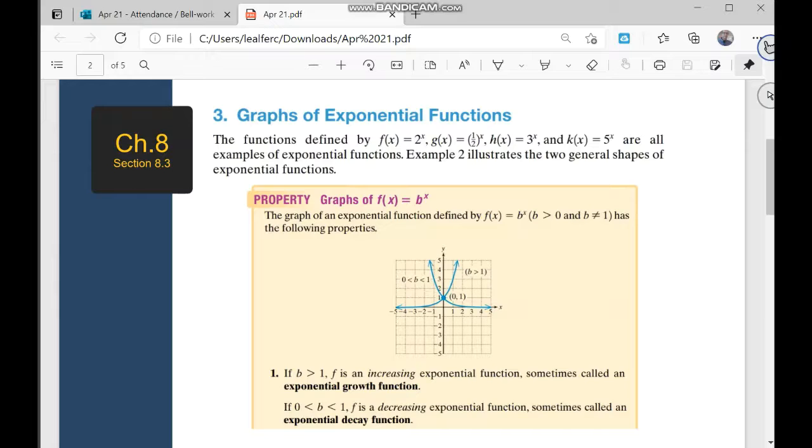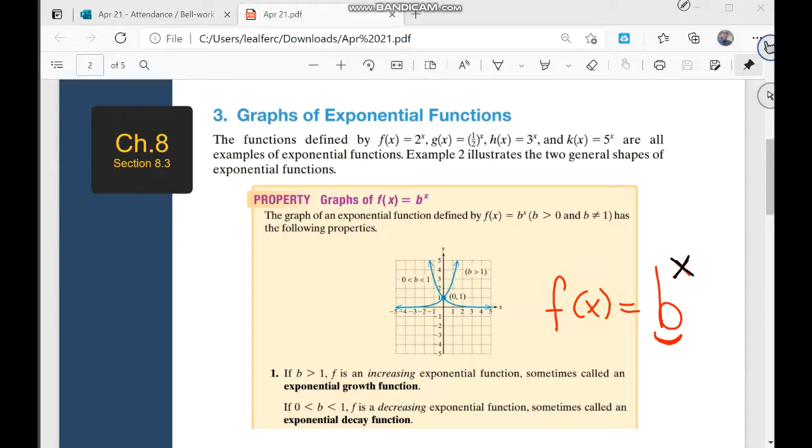Check this out. The graph of an exponential function is going to be defined by f of x equals b exponent x, right? And x is the variable. b is a number, the base. If the base is greater than 0 and less than 1, we will have what we call a decay.